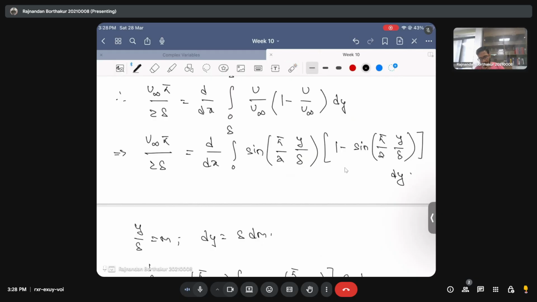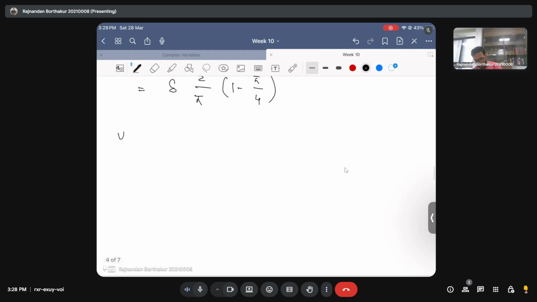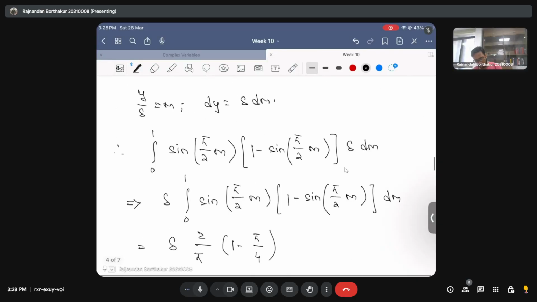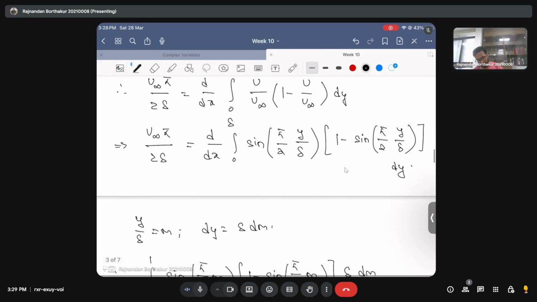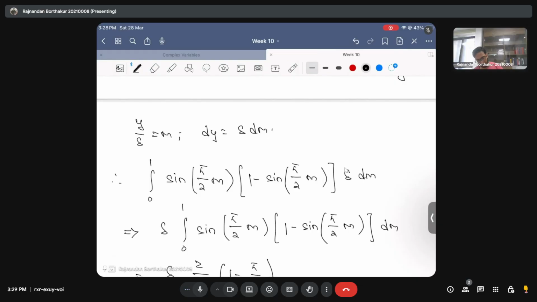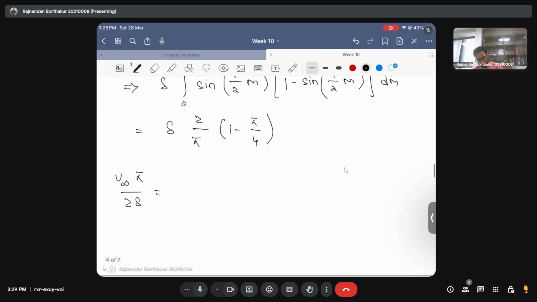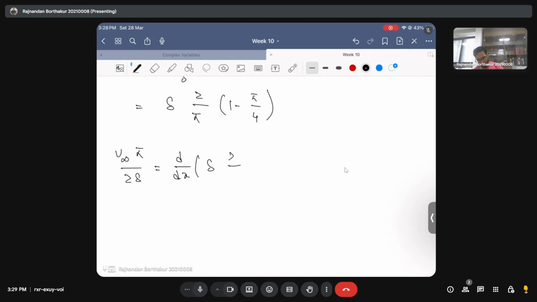So we have u infinity times pi by 2 delta, and then this is d/dx of delta, and the result of this integration is 2 by pi times (1 minus pi by 4), and that's it.